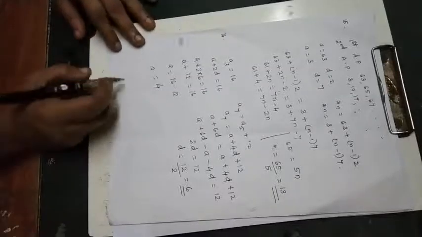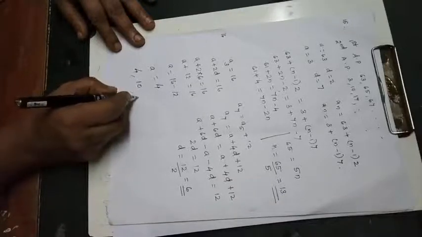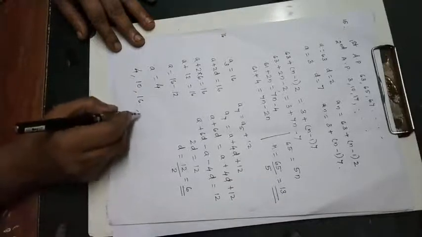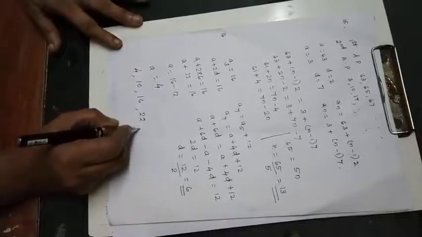So our A is equal to 4 and D is equal to 6. How will you write the series? First 4, then 4 plus 6, 10, 10 plus 6, 16, then 16 plus 6, 22, like that it will come.